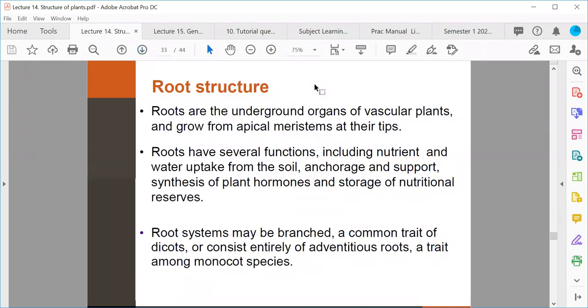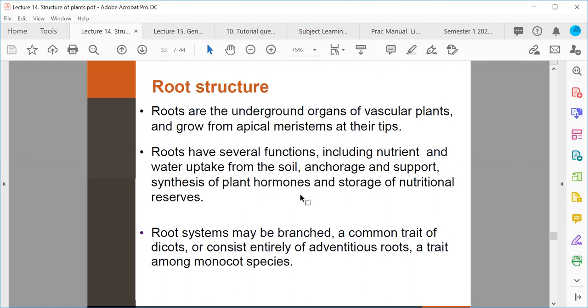Moving on now to our next major plant organ, the roots. So roots, of course, are usually underground organs of vascular plants, and they grow from the apical meristems at their tips, so the root apical meristems. Roots have many functions, of course, including nutrient and water uptake from the soil solution, anchorage and support.